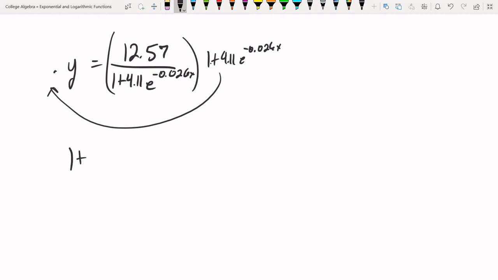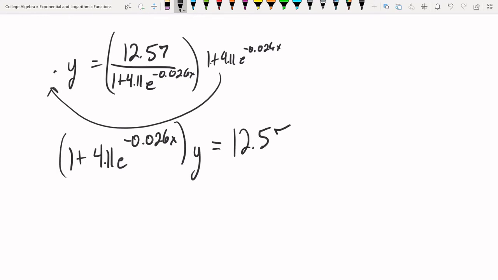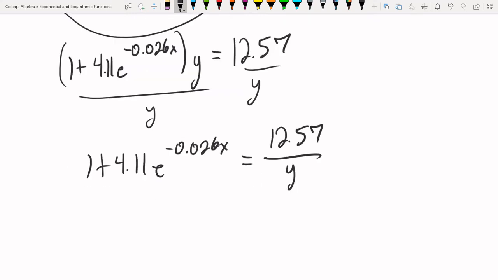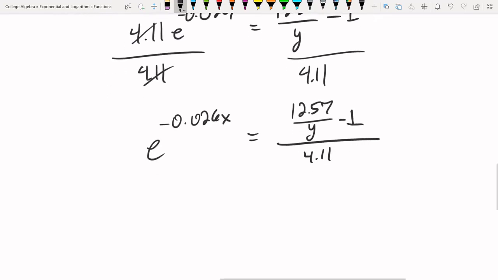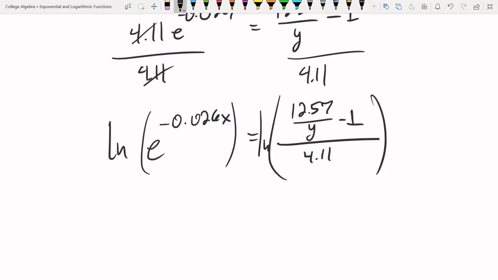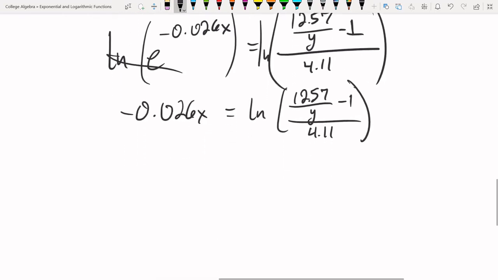That gives me 1 plus 4.11 e to the negative 0.026x times y equals 12.57. Now I can divide by y, subtracting 1. Now I can divide by 4.11. And now I can take the natural log to get rid of the e. And finally, I can divide by this negative 0.026.